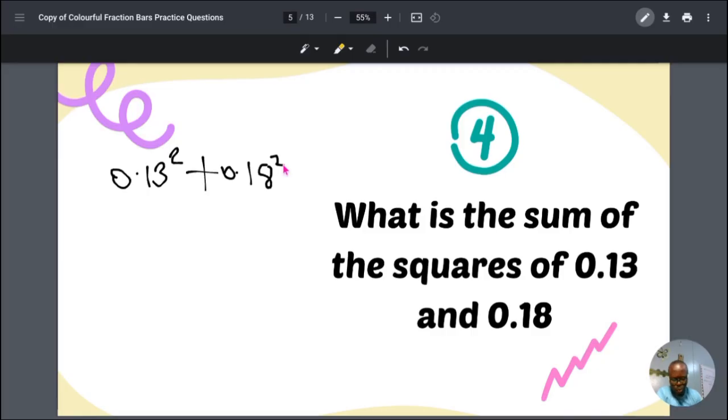You notice that 0.13 has 2 decimal places. What we are saying with a square here is, if there is 10 squared, it means 10 times 10. 11 squared is 11 times 11. So 0.13 here means 0.13 times another 0.13.